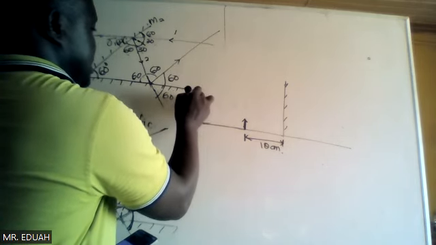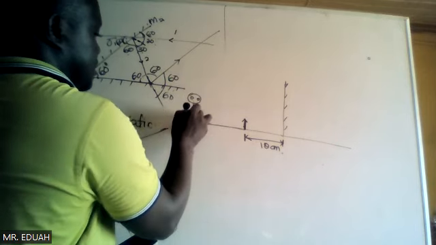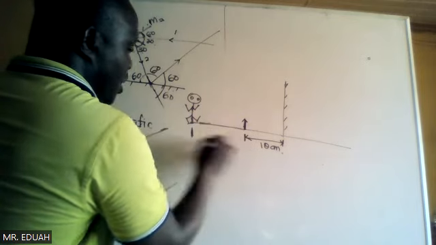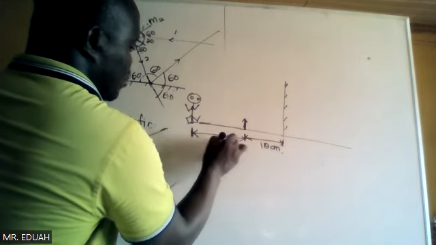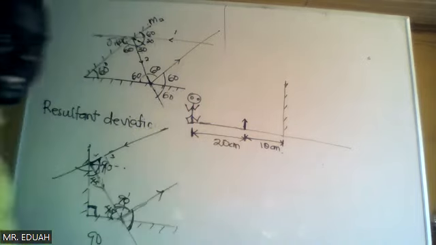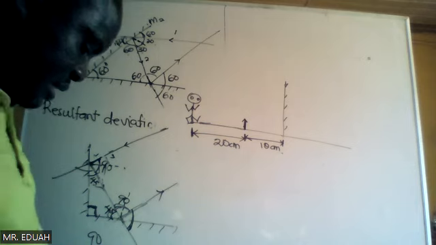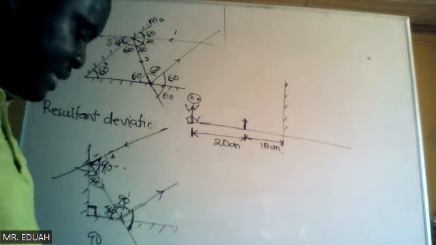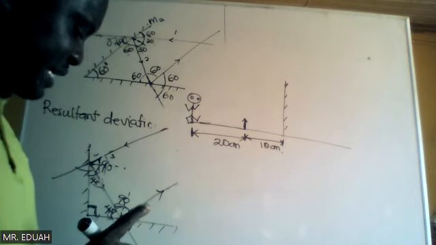So this is Charlotte. From the object to where Charlotte stands is 20, because we are told that she stands 30 centimeter from the mirror, and looks at its image.